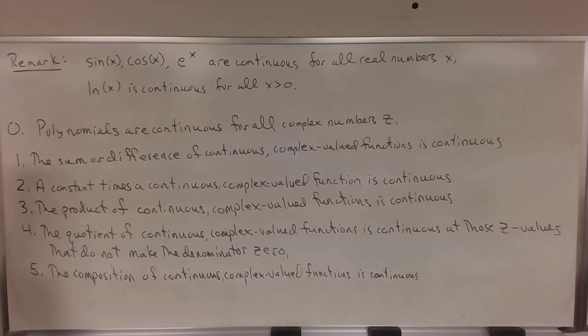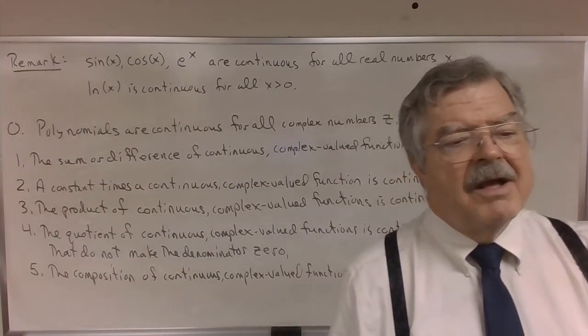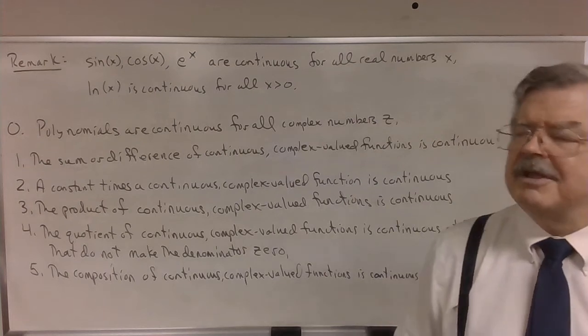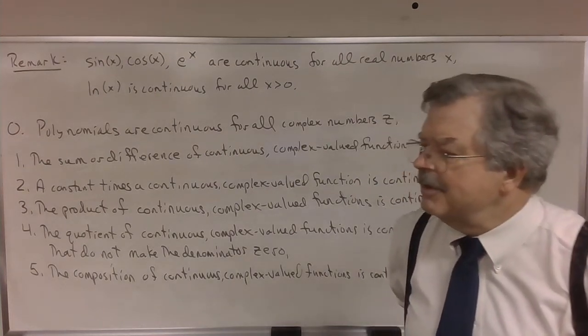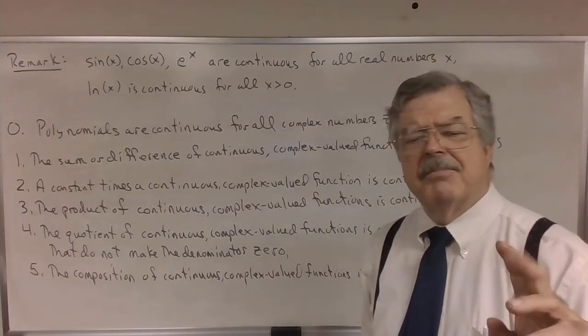The quotient of continuous complex valued functions is not continuous for those values of z that cause division by 0. And finally, the composition of continuous complex valued functions is continuous. Now, these may help us from time to time. If we know these properties, it may save us from doing some laborious computations. Let's do some examples, okay?